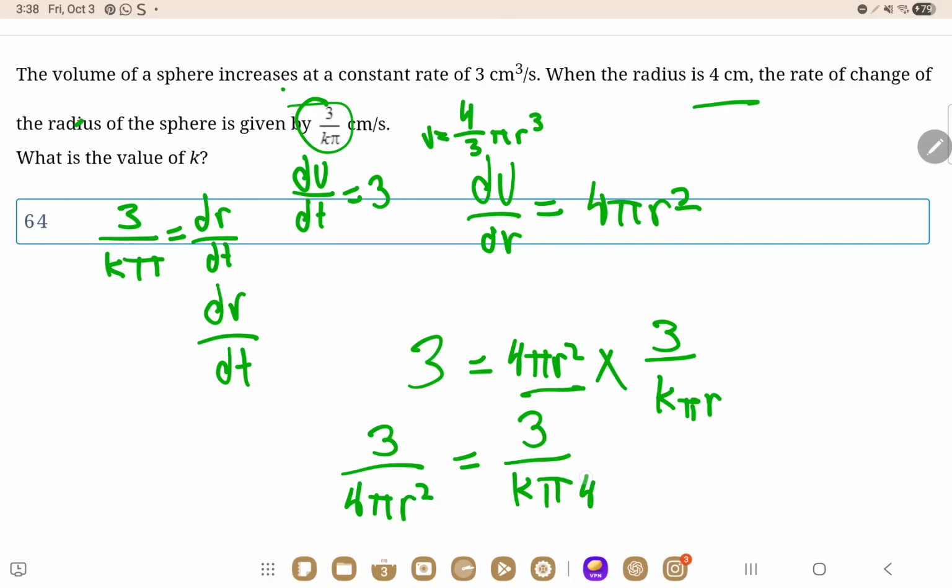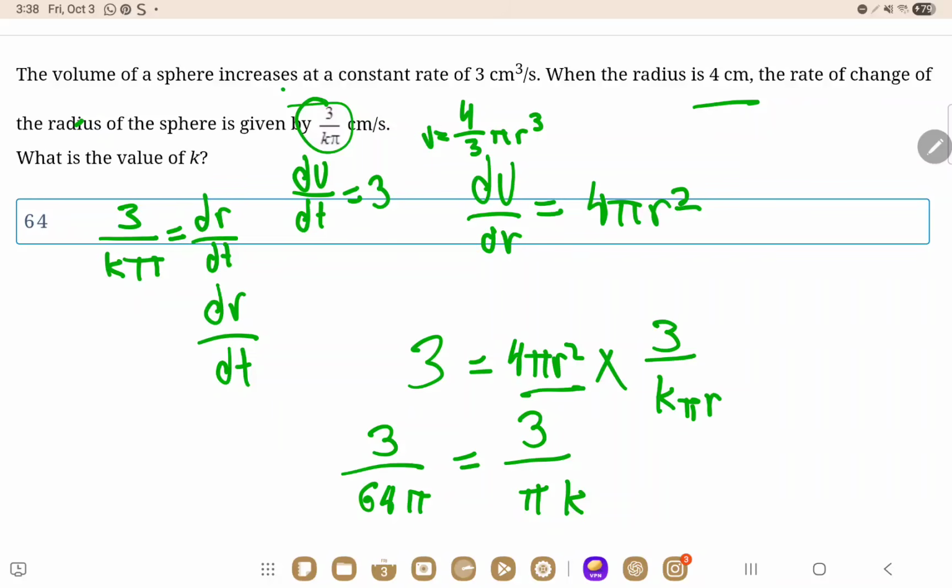So r is 4, so we replace r by 4. 4 squared is 16. 16 times 4 is 64 pi. Oh wait, they didn't tell us. My bad. I don't know where I got the 4k pi from.